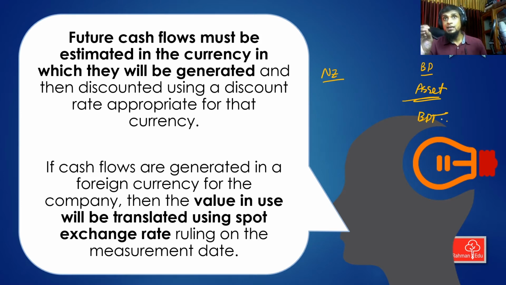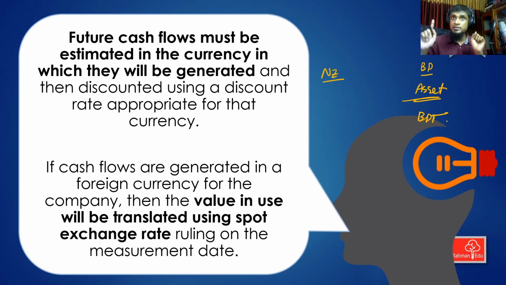And when you make that cash flow projection, you need to consider the environment of BDT, the situation in which the asset operates: the political, economic and technological situation of Bangladesh, not that of New Zealand. The same asset may perform differently in New Zealand and in Bangladesh.